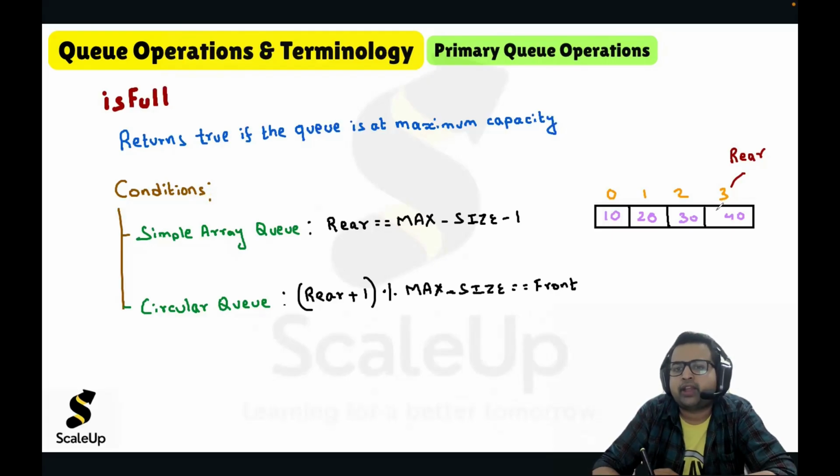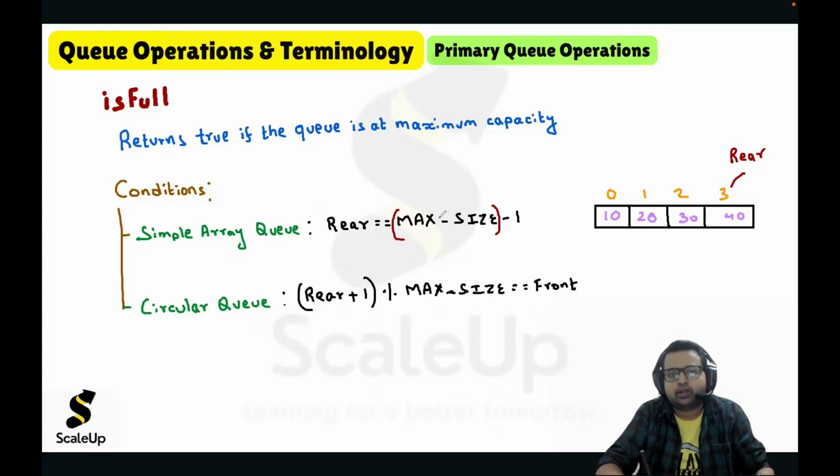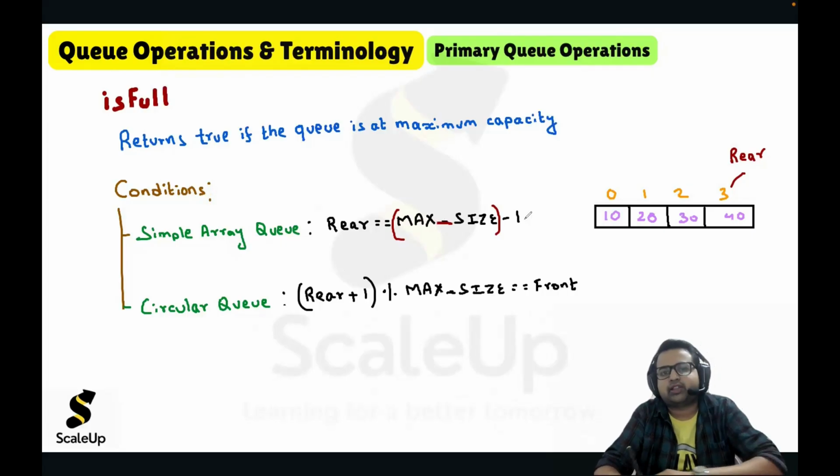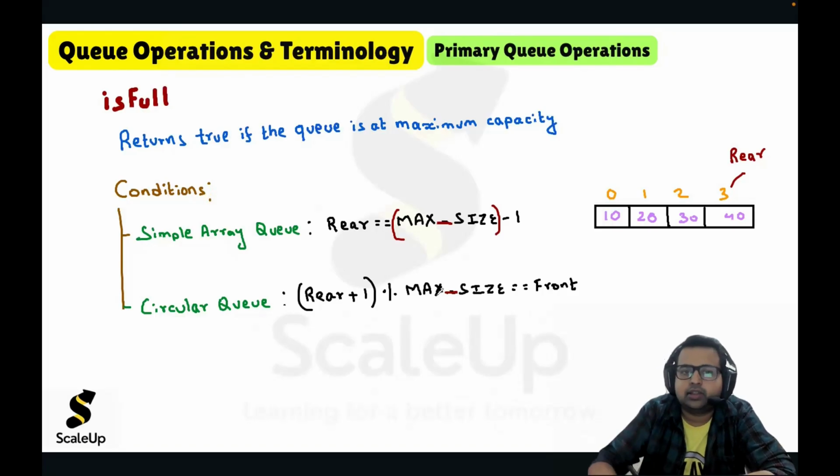So 4 minus 1 is 3. Rear is 3 and max size minus 1 is also 3. So this condition is satisfied: rear is equal to max size minus 1. Yeah, this is an underscore, max_size minus 1. So we can see that this is the right condition to determine whether the queue has reached its maximum capacity.